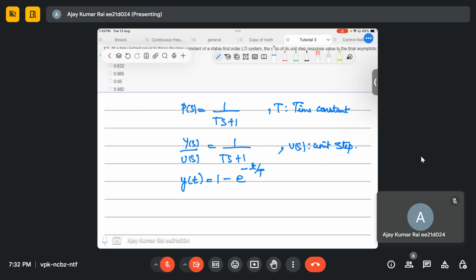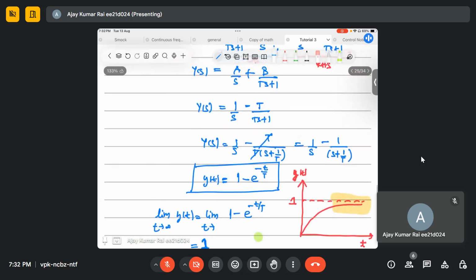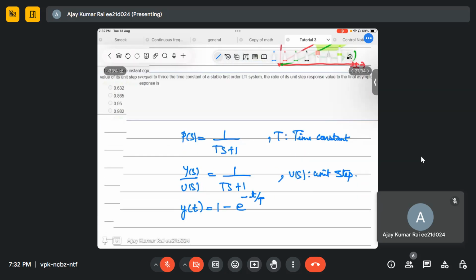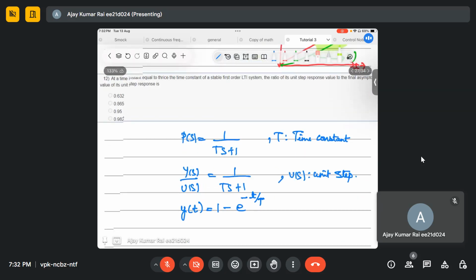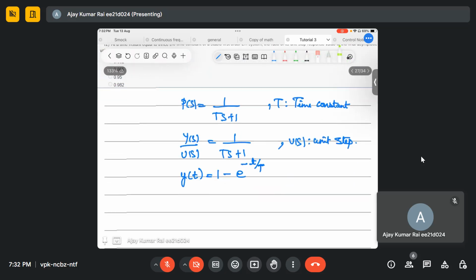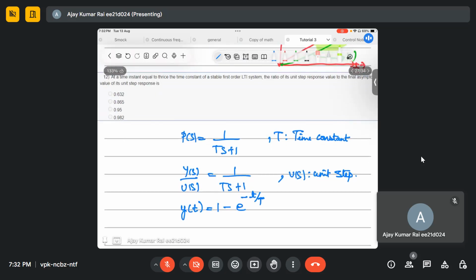So this is the response, right? In this, you just focus on this. I've already calculated this in the previous question. So what it is asking is, at a time instant equal to thrice the time constant, it is finding the ratio.